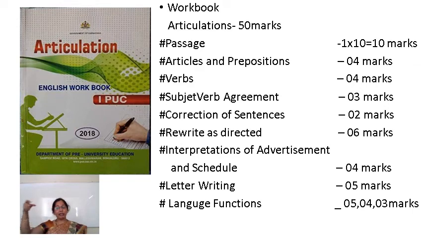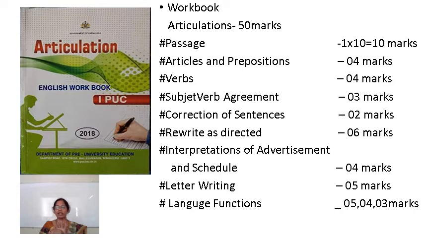Fill in the blank type of question. Complete the dialogue. Here, they will give you a dialogue which is incomplete. Incomplete means blanks will be there in between the dialogues. That means for 4 marks you are going to attend.